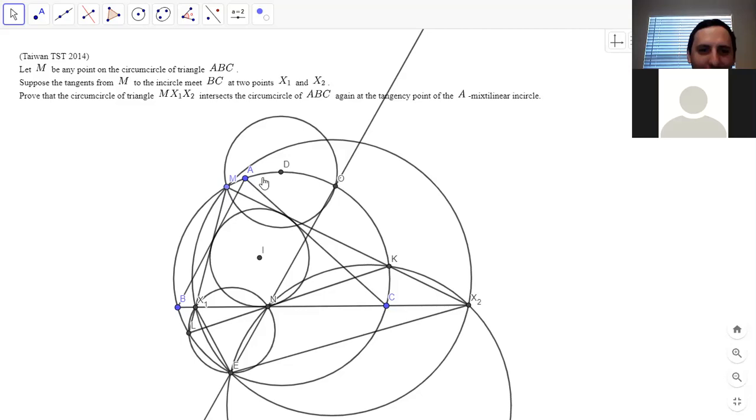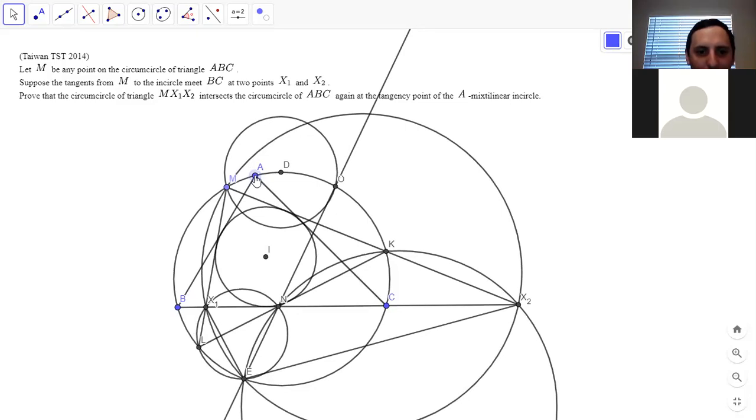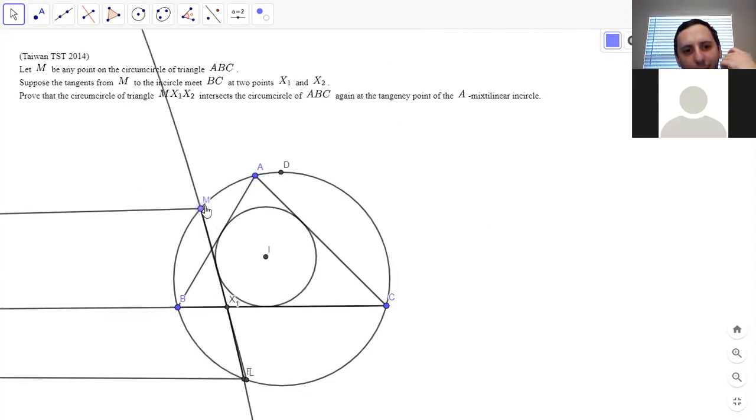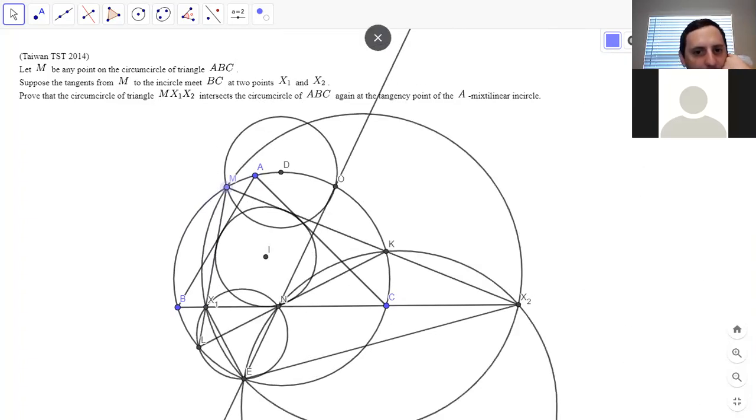So basically, we want to reflect M across the perpendicular bisector of BC and let it be O. And then somehow EN and O are collinear. That's interesting. Is that really true? That just seems so random. Yeah, must be.